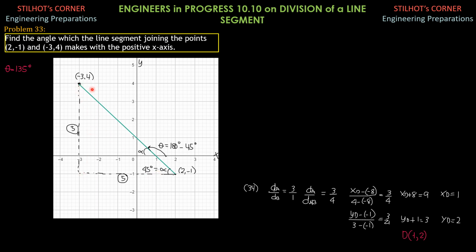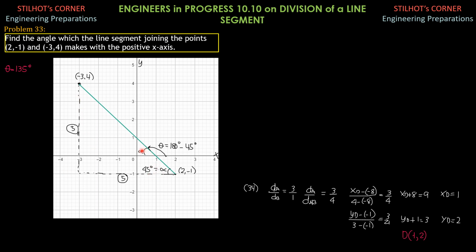To get 5 units, 4 minus negative 1, so 4 plus 1 is 5 units. For the horizontal projection, 2 minus negative 3, 5 units. And since it is sloping up to the left, don't mind the sign. So this is arctan of 5 over 5, that's 45 degrees, equal parts.